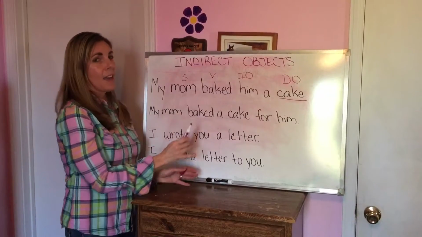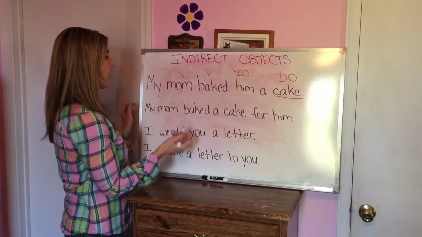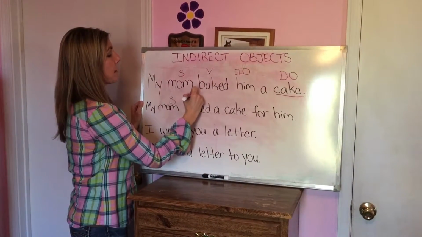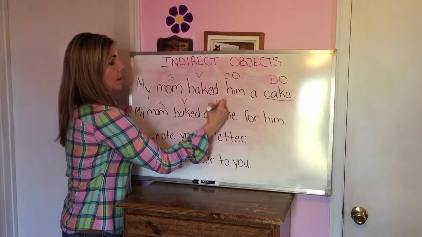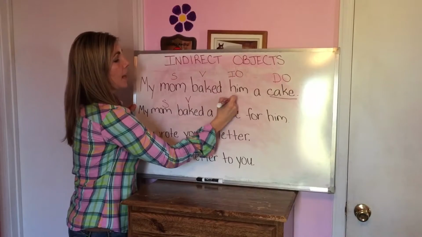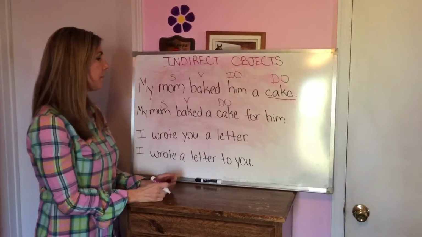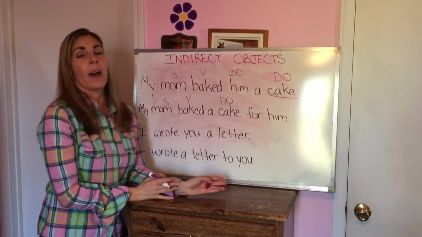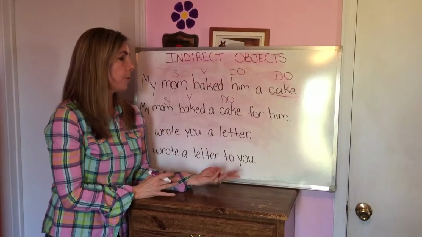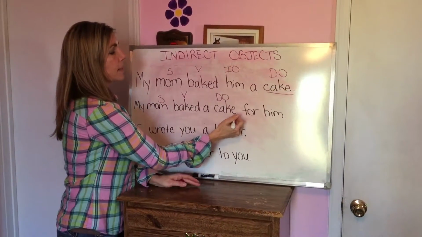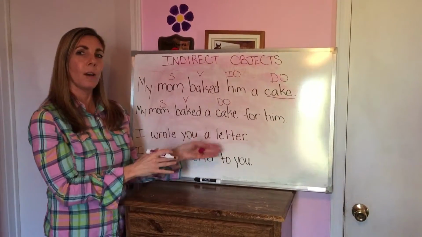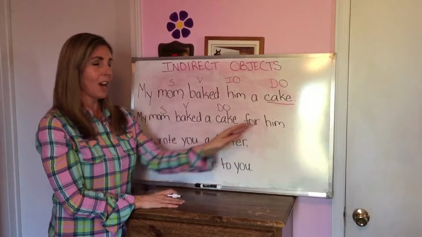My mom baked a cake for him. So we already know Mom baked is our subject and verb. Our direct object is still cake. Mom baked what? Cake, direct object. Now, I know I said you ask for or to who after direct object, but look at this. So this says for him, so you're thinking, oh, this is the indirect object.